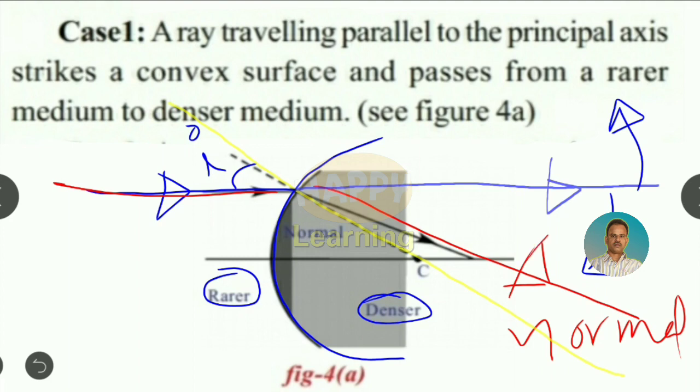So, instead of blue, it became red, meaning it has bent towards the normal. This ray, when passed from rarer medium to denser medium at the curved surface, bent towards the normal. This original ray is parallel to the principal axis and it bends towards the normal. Okay. So, let us move to the next case.